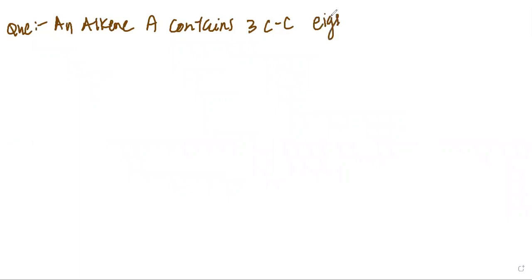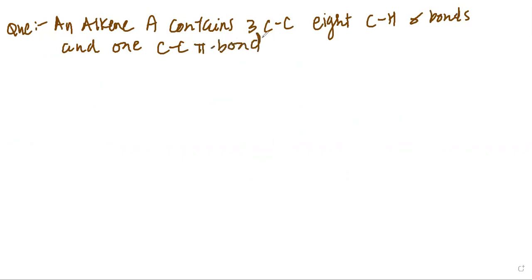An alkene A contains 3 C–C sigma bonds, 8 C–H sigma bonds, and 1 C–C pi bond.